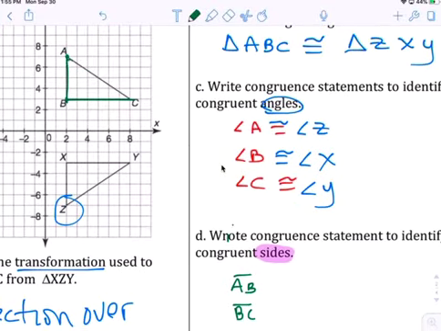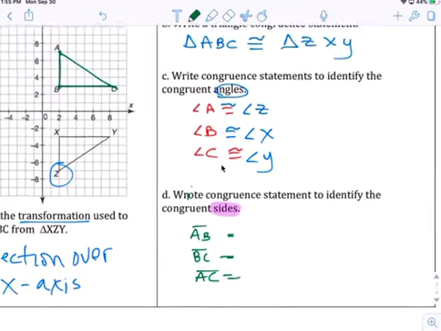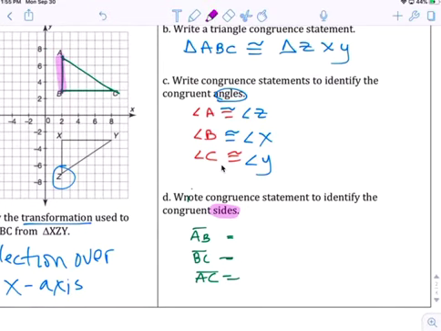And the last side is A to C. Okay, A to B right here is the same as this one here, Z to X, side. Okay, and then B to C right there is congruent to X to Y right here. Oh, wrong one. A to C is congruent to Z to Y.